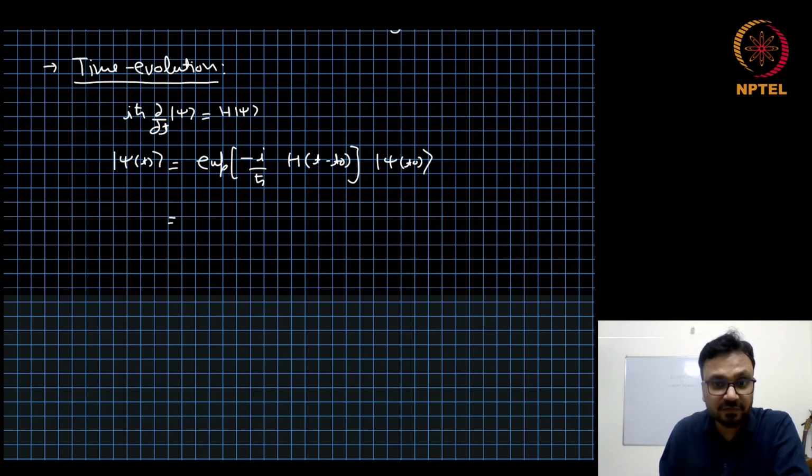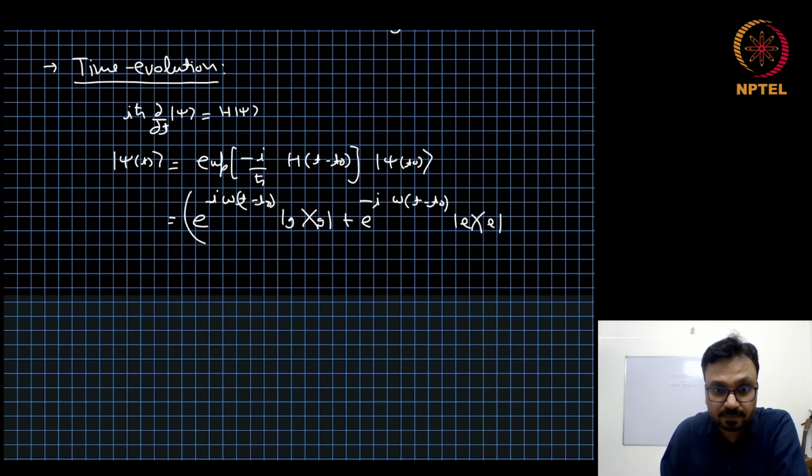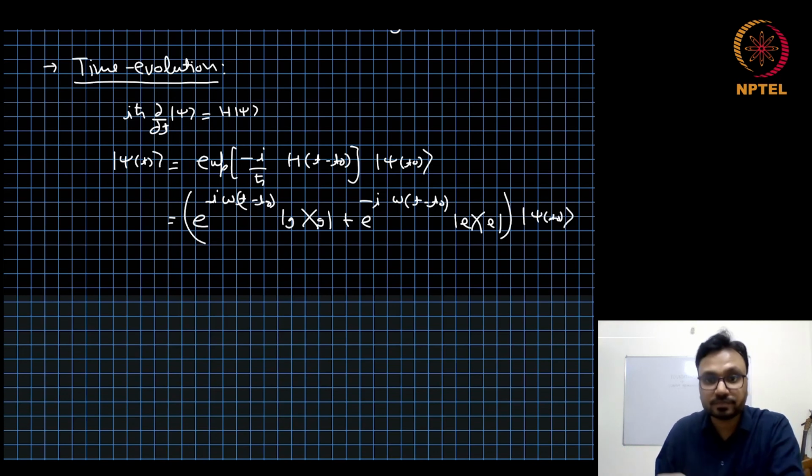Now the exponential of the Hamiltonian we can write as exponential of i omega (t minus t0) |g><g| plus exponential of minus i omega (t minus t0) |e><e|, acting on psi of t0.